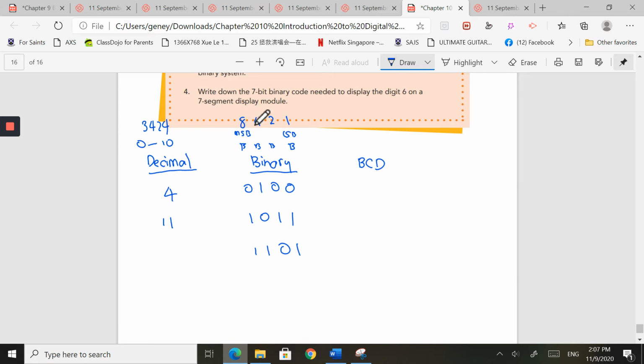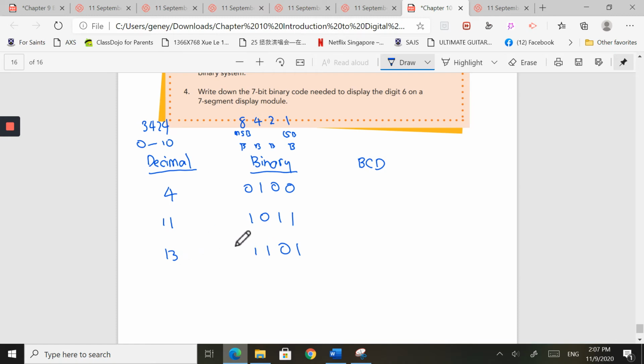So 8 plus 4 is 12, 12 plus 1 is 13. Therefore, the decimal equivalent is 13. That's how you work with decimal to binary and binary to decimal.